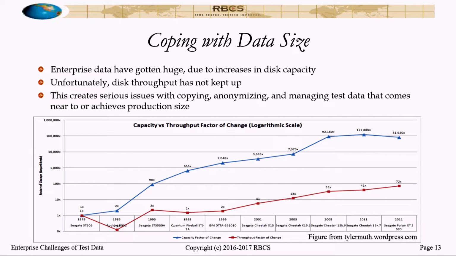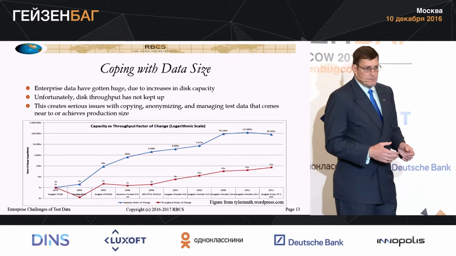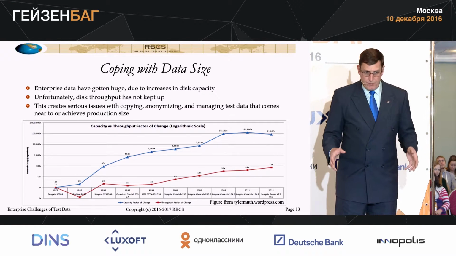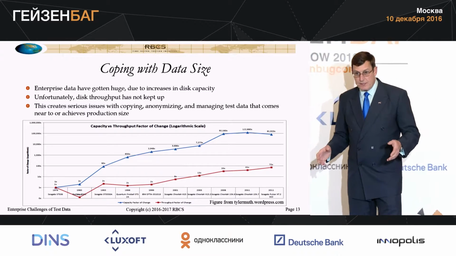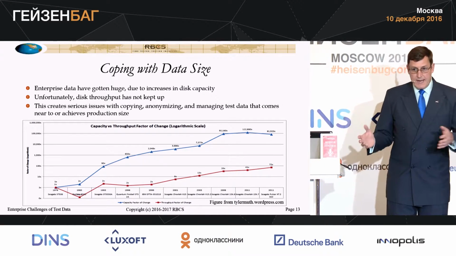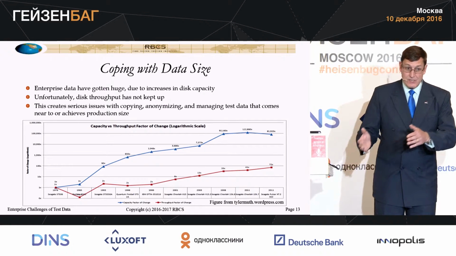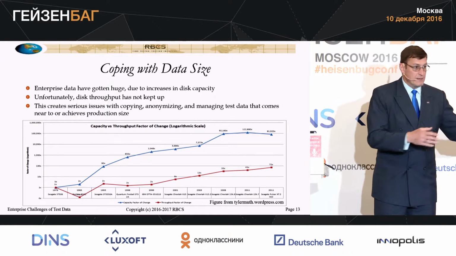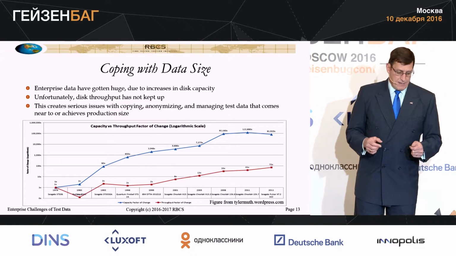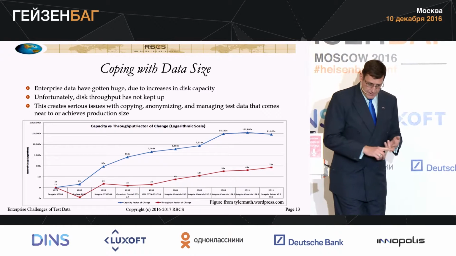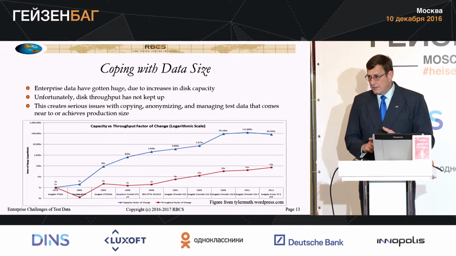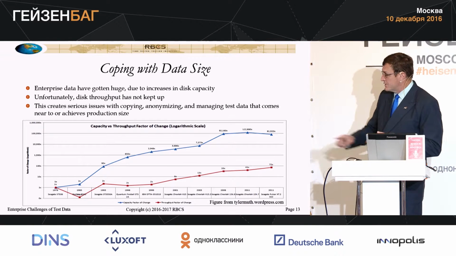So, yeah, Moore's Law has done a great job for us in a lot of ways. Moore's Law has done a hell of a job for us in terms of increasing storage capacity, right? But the data has to get from where it is to where it's going to be of use, yeah? And when you're copying the data, when you're anonymizing the data, when you're trying to manage all this data that's dealing with production size, this is not your friend.